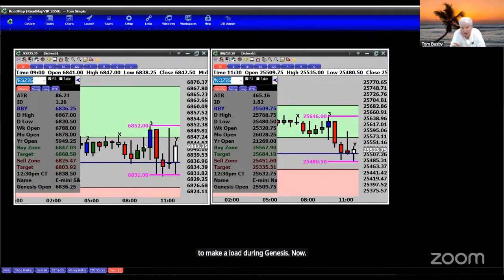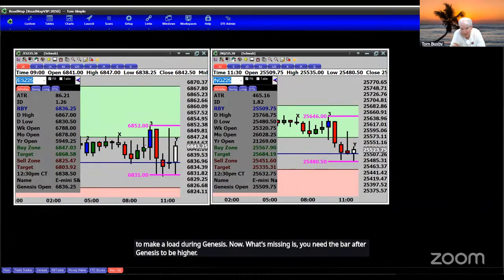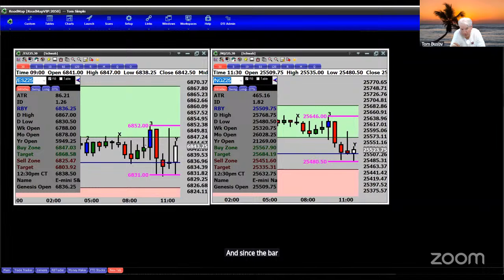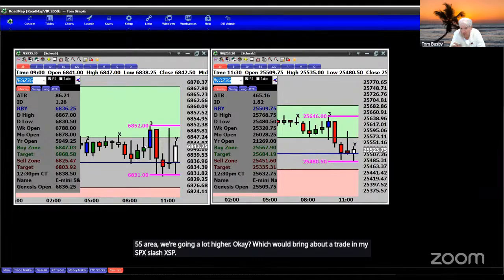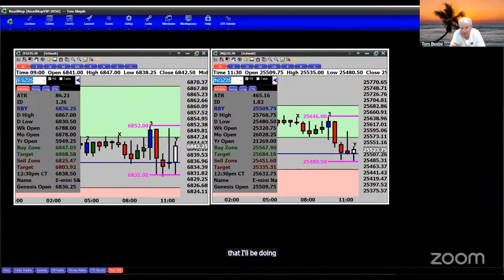What's missing is you need the bar after Genesis to be higher, and since the bar prior to Genesis is up about 49, it seems to me if we get above 53, 55 area, we're going a lot higher, which would bring about a trade in my SPX/XSP that I'll be doing sometime after I confirm that we've seen the low of the day. That's what I'm looking at right now.